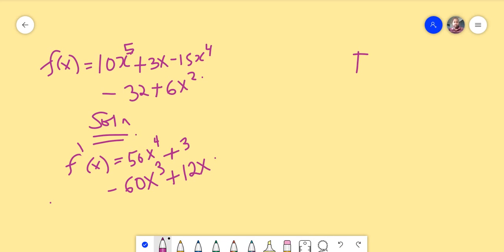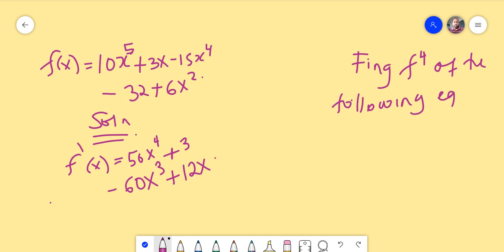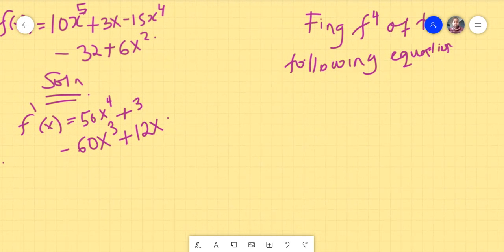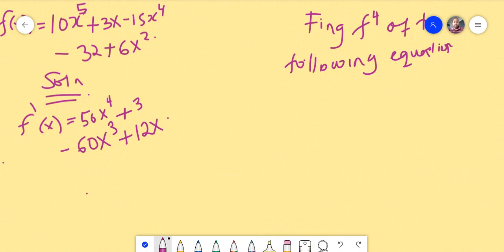Yeah, so the second example that I'm going to give you is: find f raised to power 4 of the following equation. I won't have a very difficult example, so I'm just going to give you a very simple one.